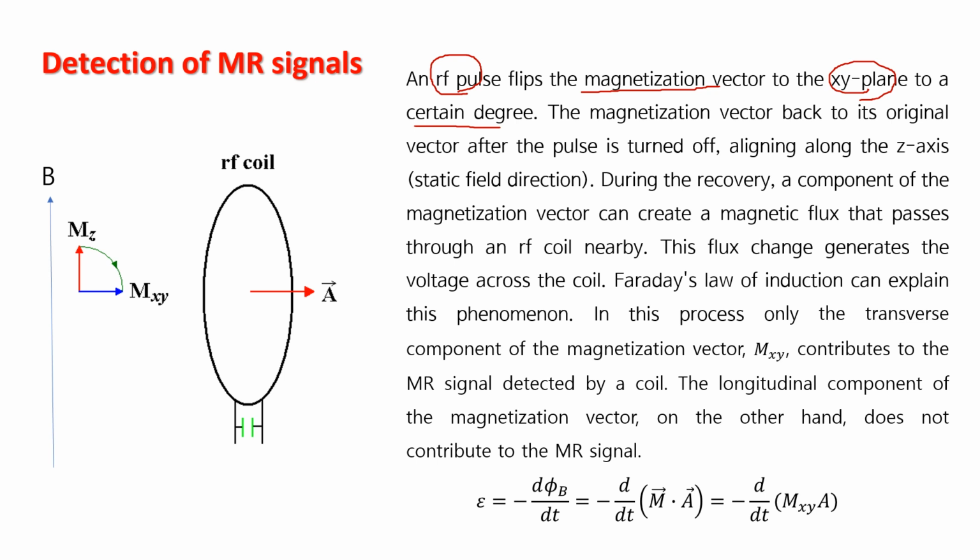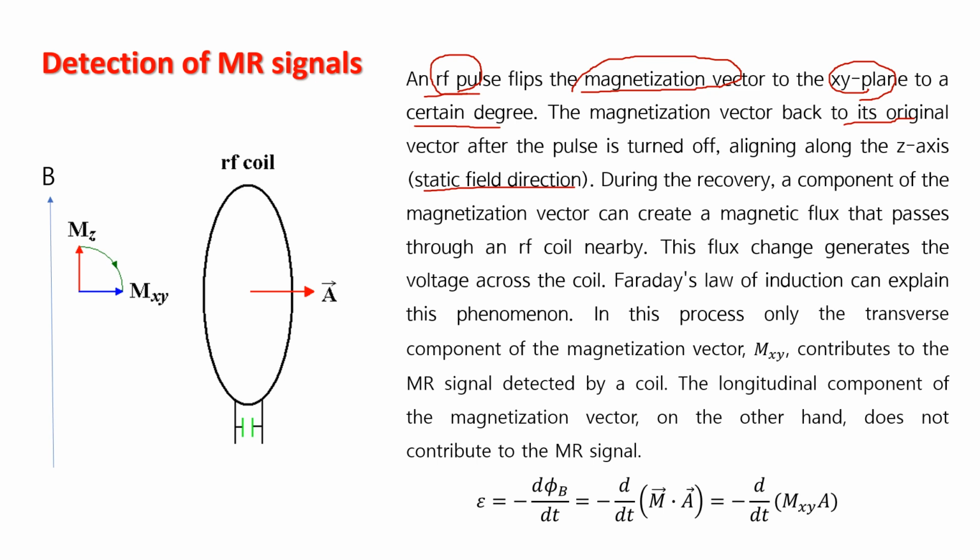And if we use a partial angle pulse, then the magnetization vector will flip to a certain angle. The magnetization vector returns to its original orientation after the pulse is turned off, aligning along the z-axis, which is the static field direction.